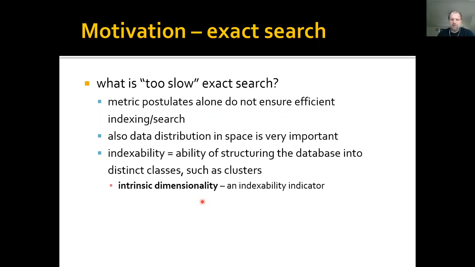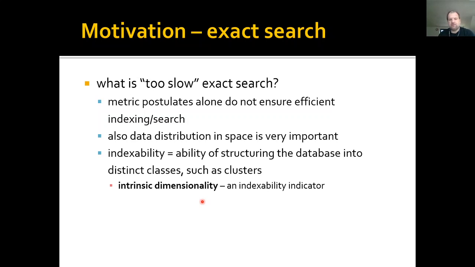And to be able to distinguish between different types of data distributions, we will talk about the ability of structuring the database, and we'll call it indexability. So indexability would be some measure helping us to decide whether a database is actually indexable for fast search or not.